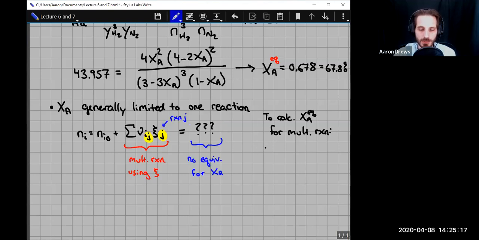If somebody asks you to calculate a conversion of a particular species at equilibrium and there's more than one reaction, then the steps are as follows. You first solve for all of the extents of reaction.